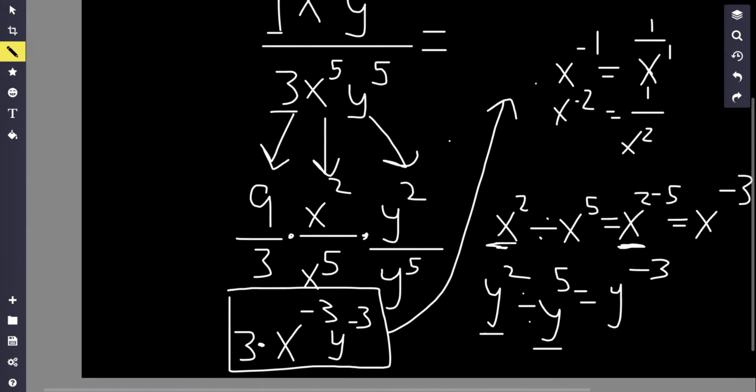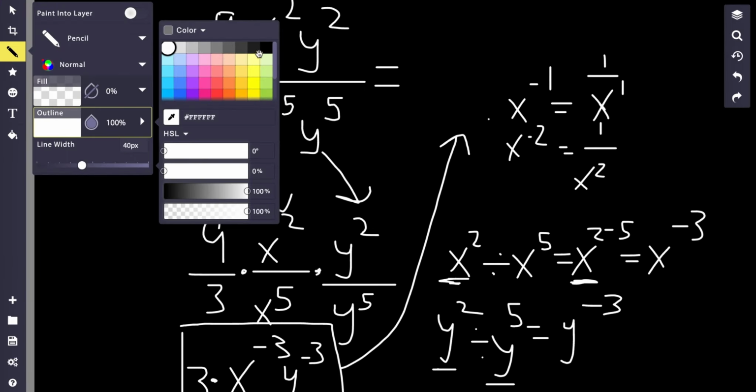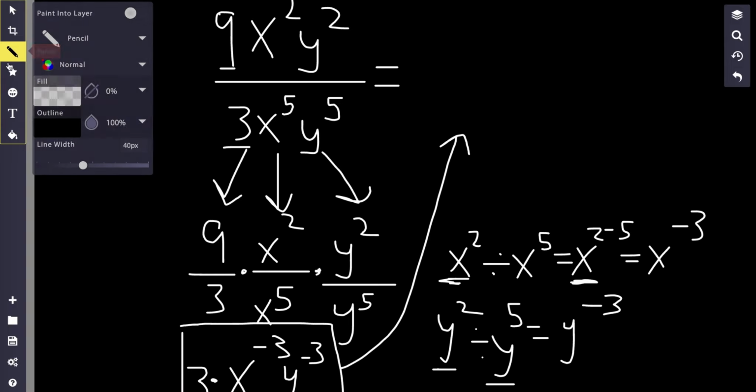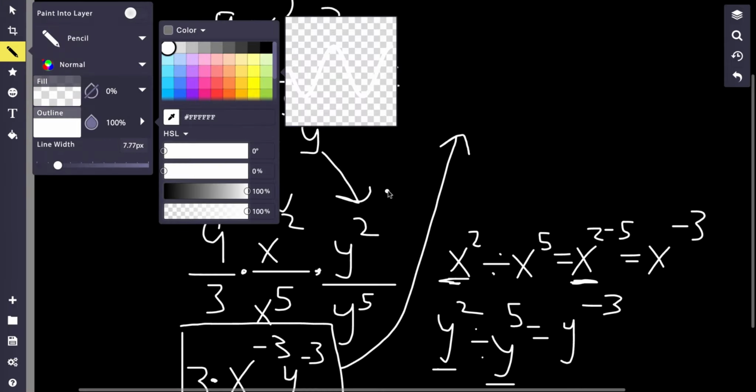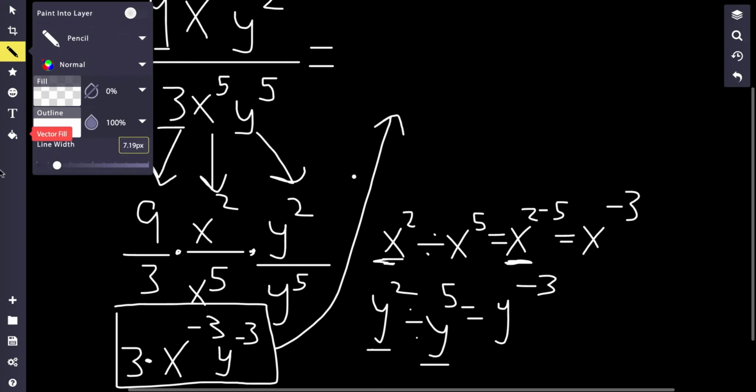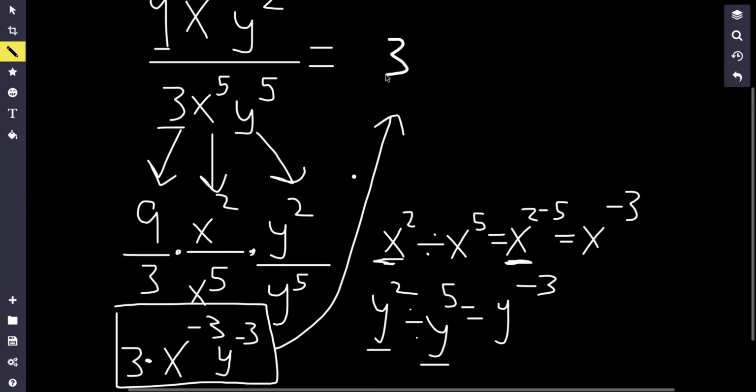So in this case, actually, let me just erase this real quick. What I can do is rewrite this as 3 times, well, x to the -3rd power is the same thing as 1 over x to the 3rd power. So you put a 1 over, and then you turn this exponent positive instead of negative.